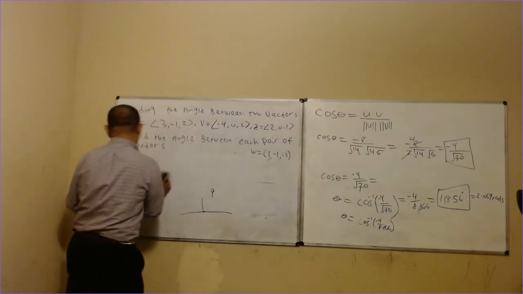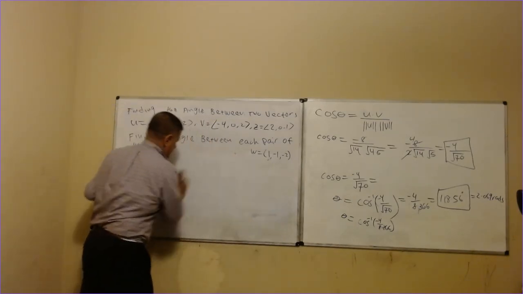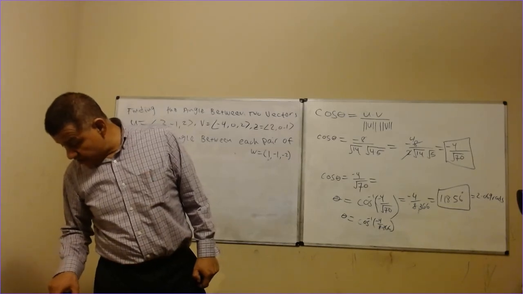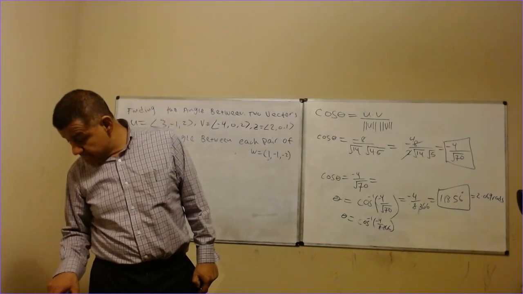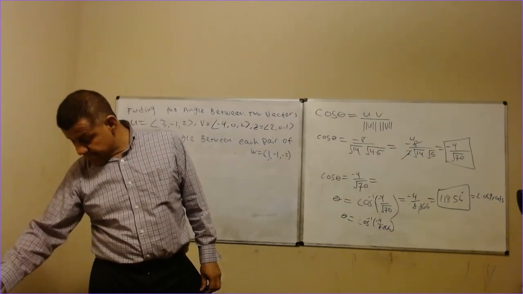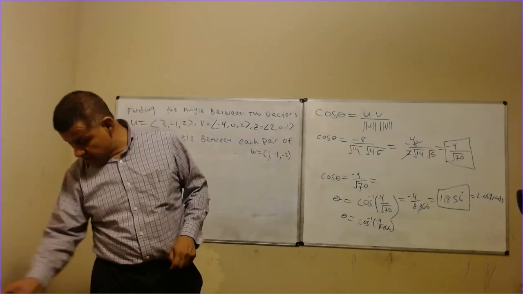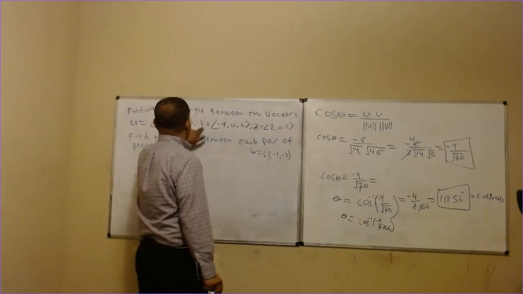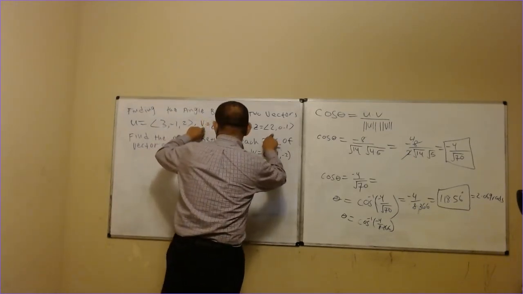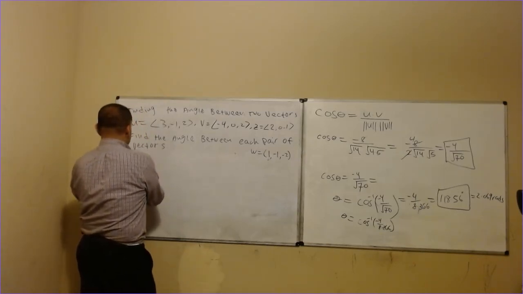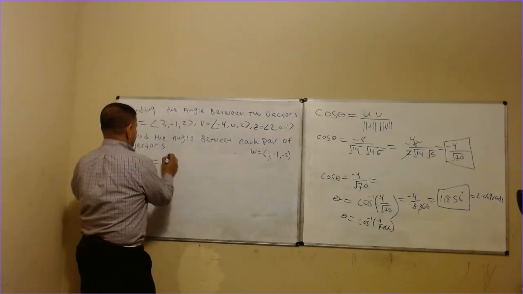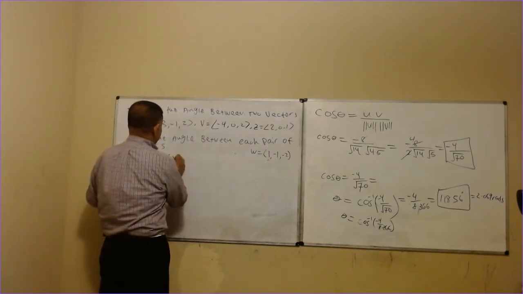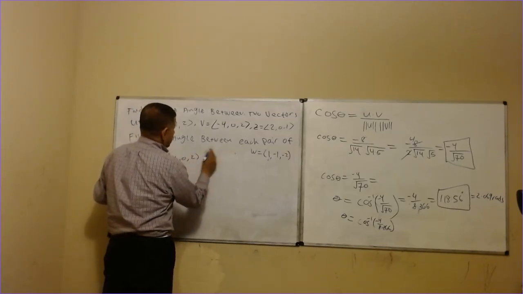Okay, let's do part, real quick, part C. Let's do part C. So part C, we do V dot Z. So we do cosine of theta is equal to V dot Z, (-4, 0, 2), dot with that.